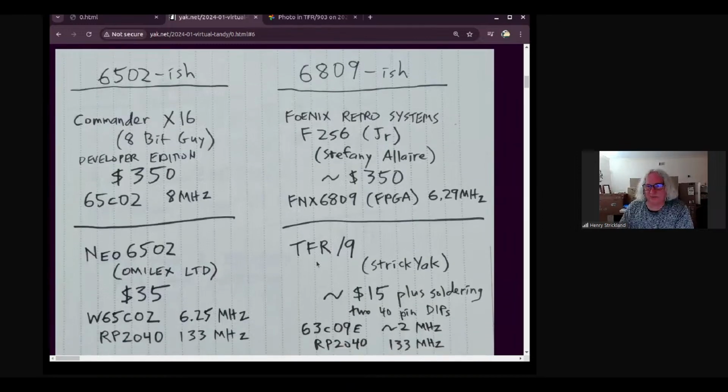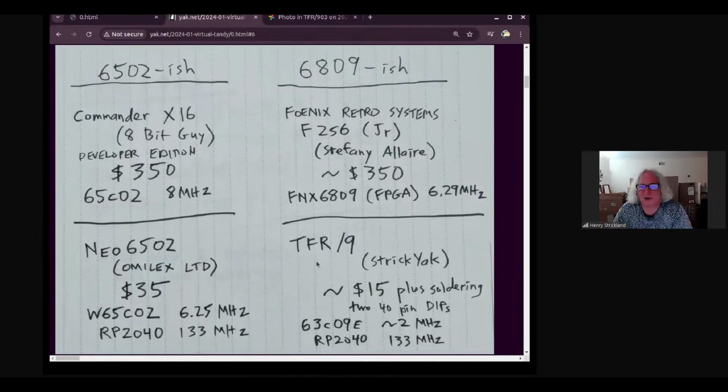And here's a little comparison of this modern retro territory. On the left-hand side, the 6502, here are 2 example machines. The 8-bit guy on YouTube, who's fantastic, has done the Commander X16, which is a very admirable board. It's pricey though. The developer edition's $350, I believe.